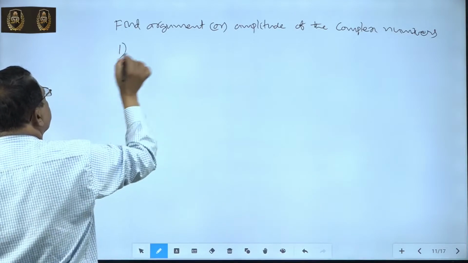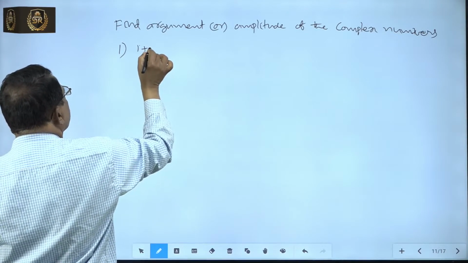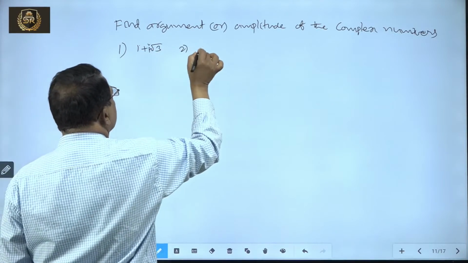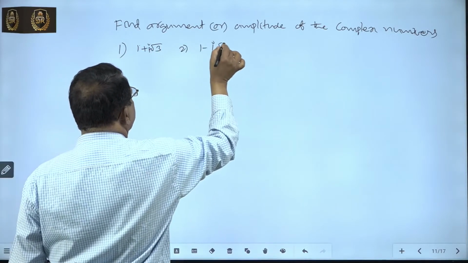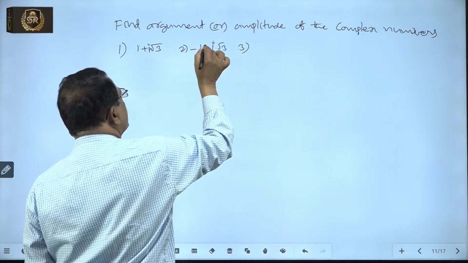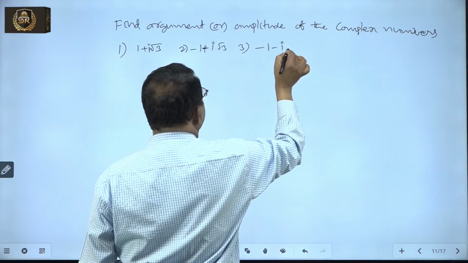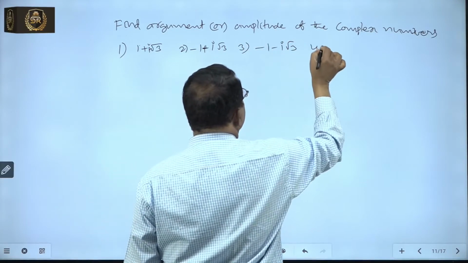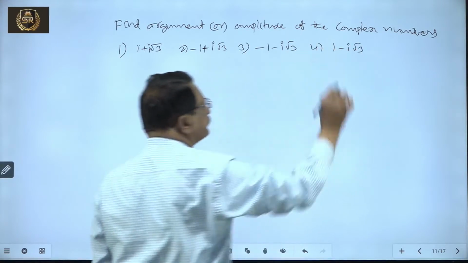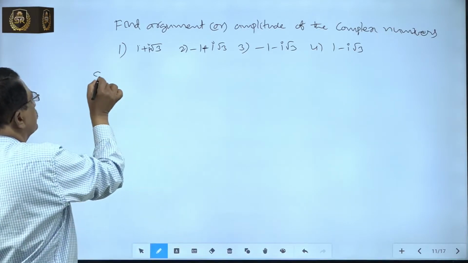First one is 1 plus i root 3, second 1 minus i root 3, third minus 1 plus i root 3, take it, minus 1 minus i root 3, fourth 1 minus i root 3. Now, see it. Solution for the first problem.